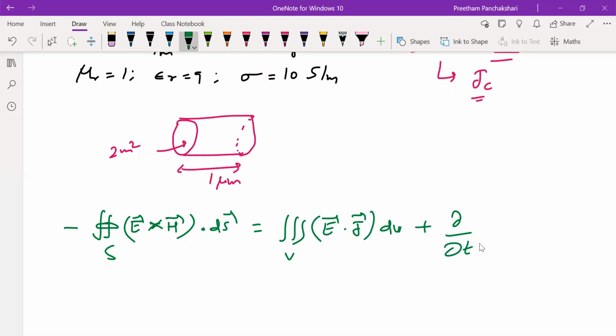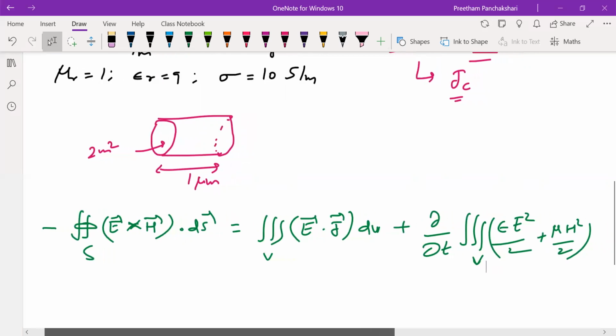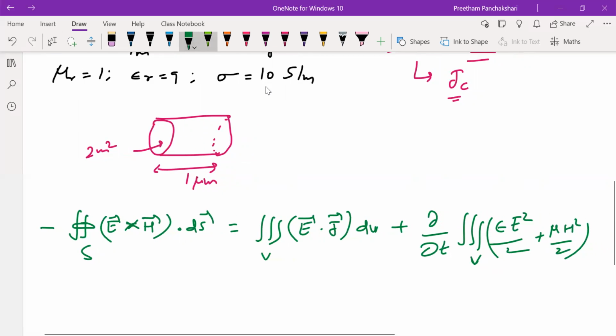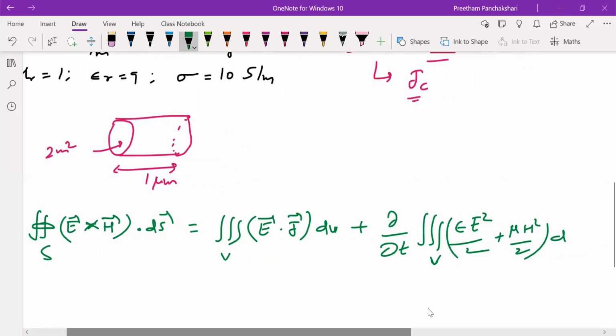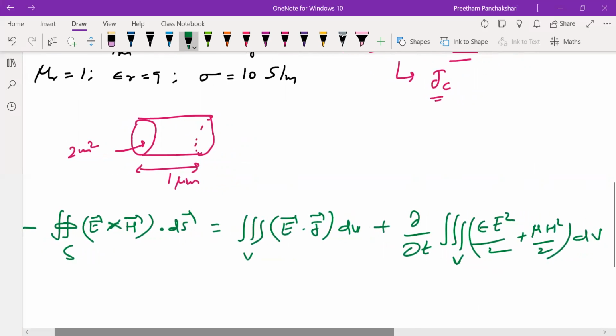And the last term is the change of energy stored in a volume with respect to time, that is epsilon E square by 2 plus mu H square by 2, integrated with respect to volume dV. So this is the mathematical statement of the Poynting theorem.